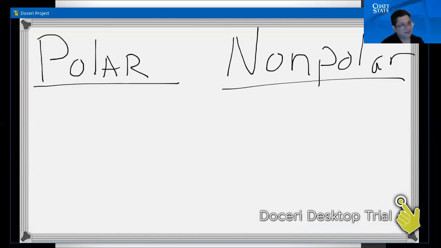Okay, so if you would make a side-by-side like this so we can get straight some word association. So when we think of things that are polar, we definitely know that it is, well, let me do it like this.